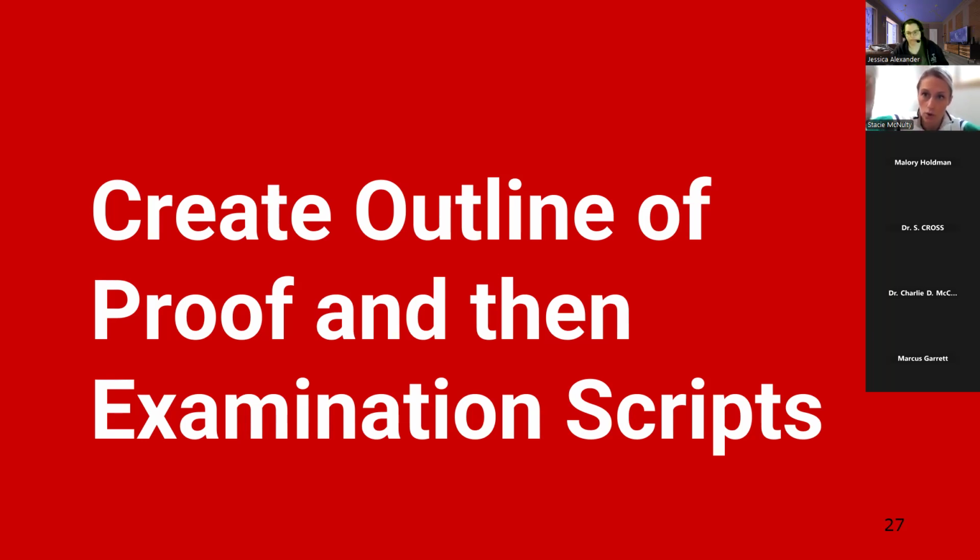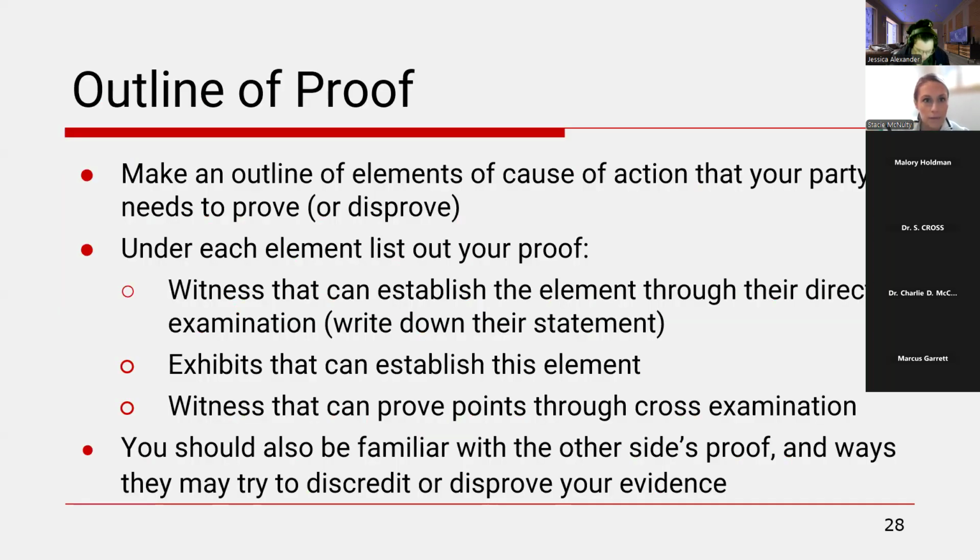You list exactly the proof that's going towards each of those. So make an outline of the elements of the cause of action and write out the proof, write the witness, and what they would say, or what their witness statement says.